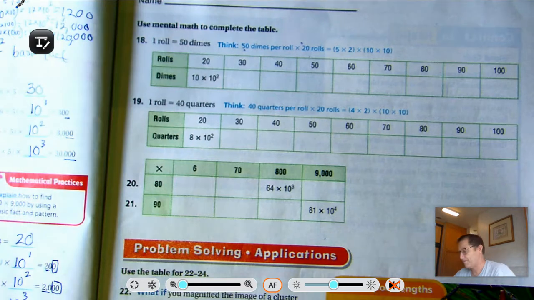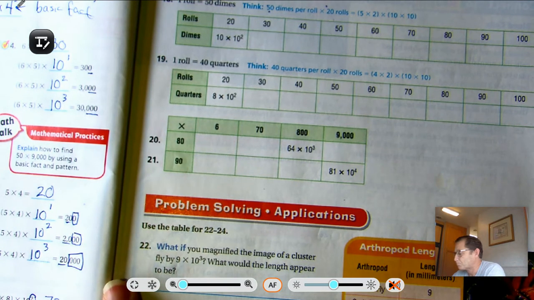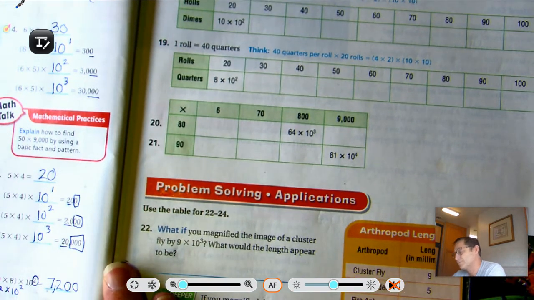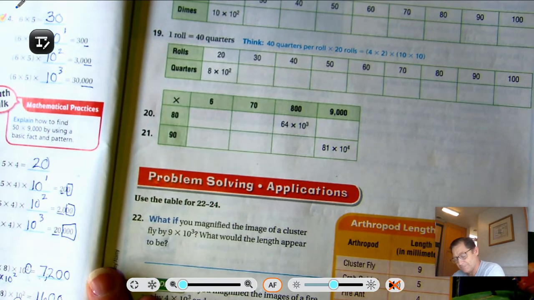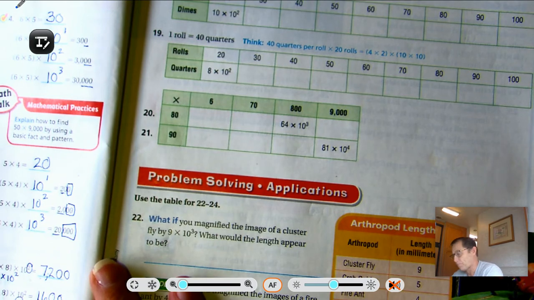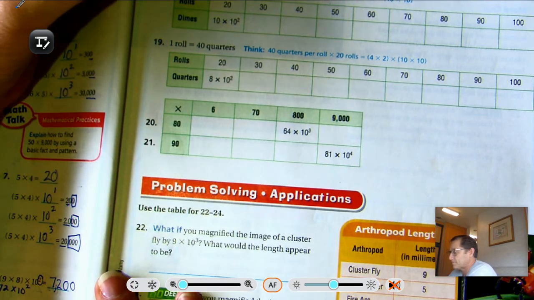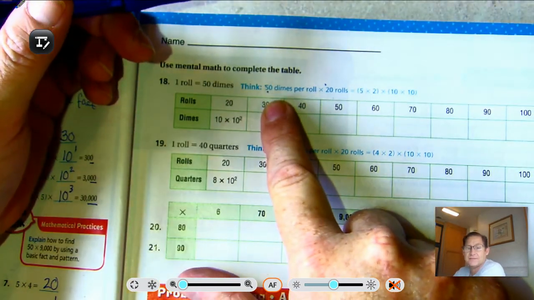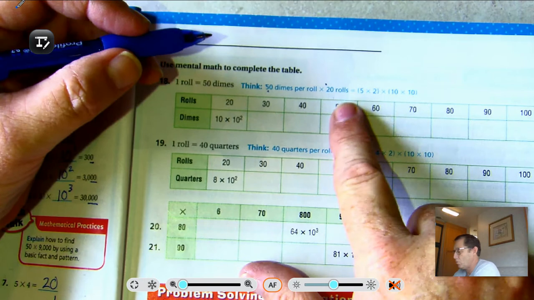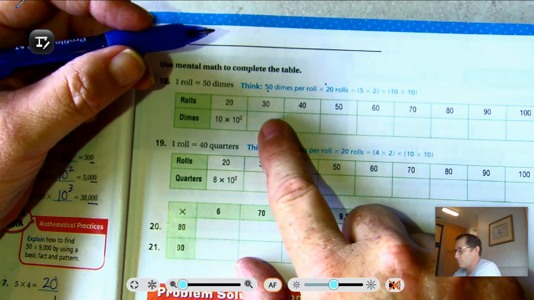30. What will we have in 30? 30 rolls. So we're going 50 dimes per roll, and there's 30 rolls.